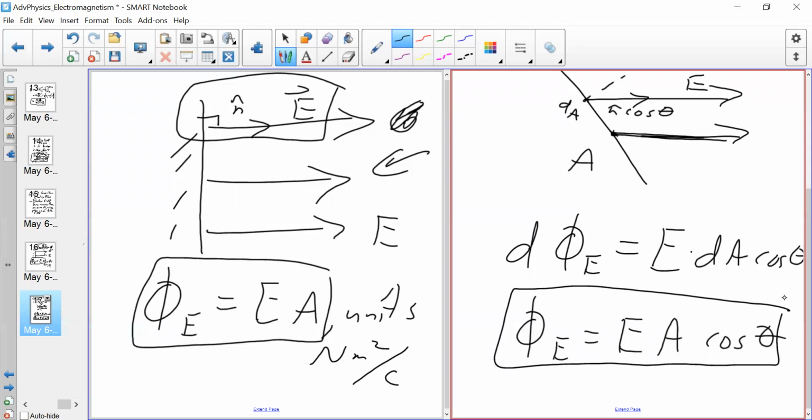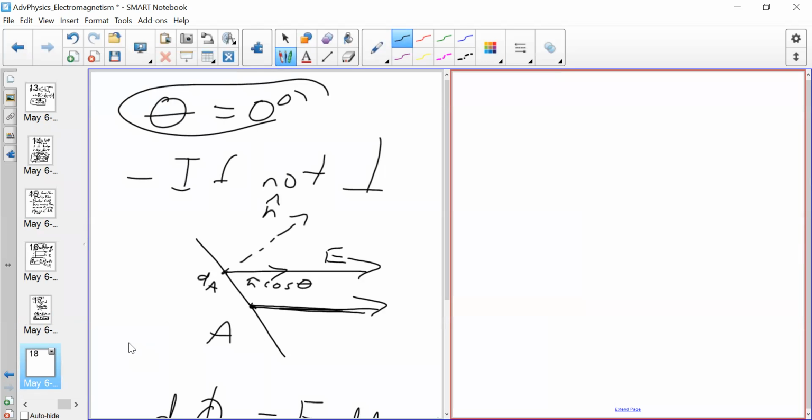Let's get into Gauss's law. In order to appreciate Gauss's law, we have to appreciate what flux is. Flux is something moving through some kind of surface. And we're going to see in Gauss's law different Gaussian surfaces.